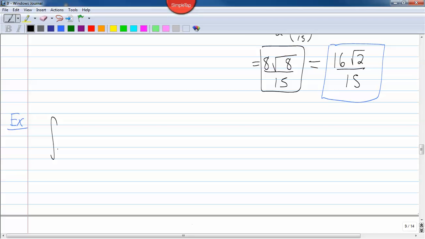Alright, look at this integral. The integral from 0 to pi over 4 of 1 minus sine squared theta over cosine squared theta d theta.